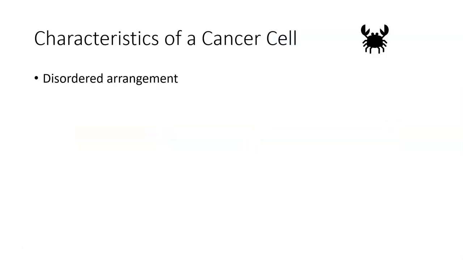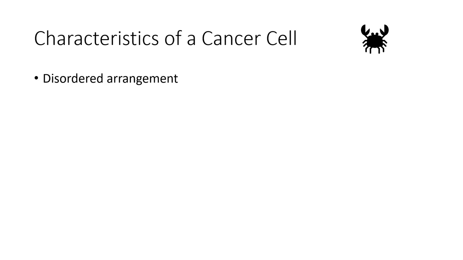Now, there are certain characteristics of cancer cells. They're not part of and do not contribute to normal structure and function of the body. Once a cancerous cell is formed, it stops functioning as a normal cell and takes on characteristics of a cancerous cell. First, they are not arranged in an orderly fashion like a normal cell would be.